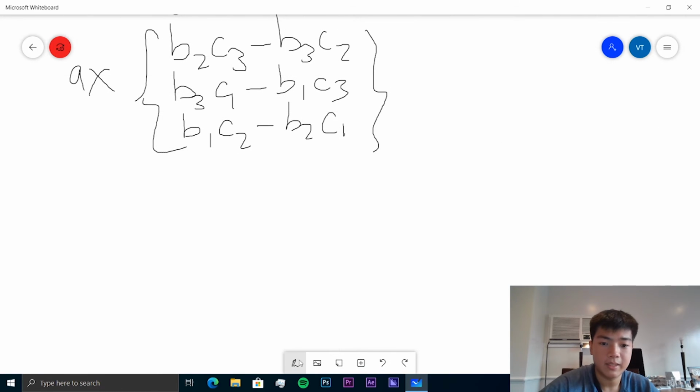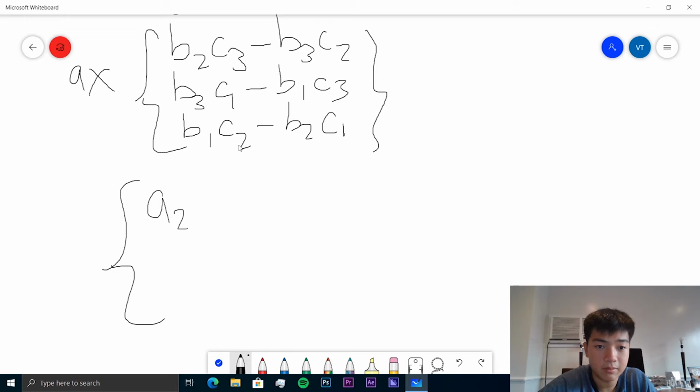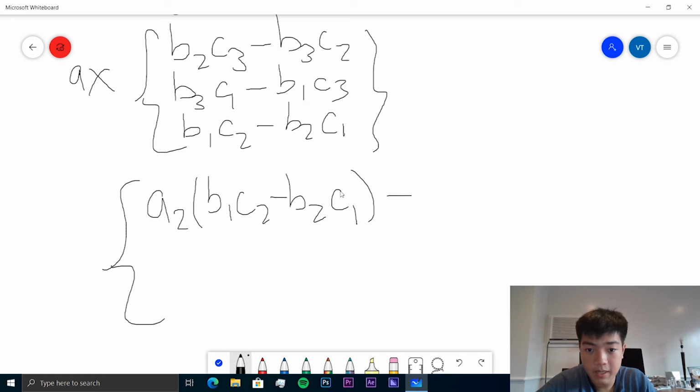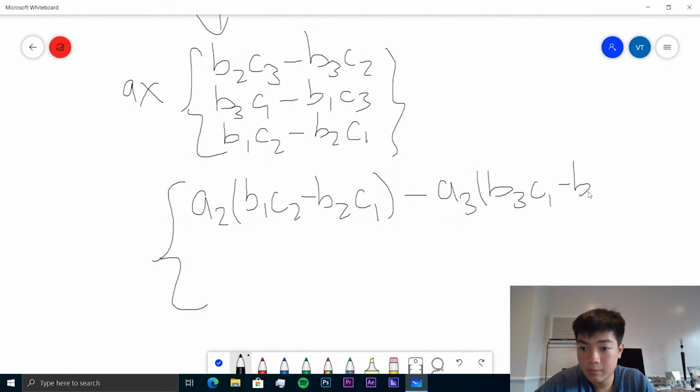So if we multiply this, this would be equal to A2 times B3 times B1C2 minus B2C1, minus A3 times B3C1 minus B1C3.